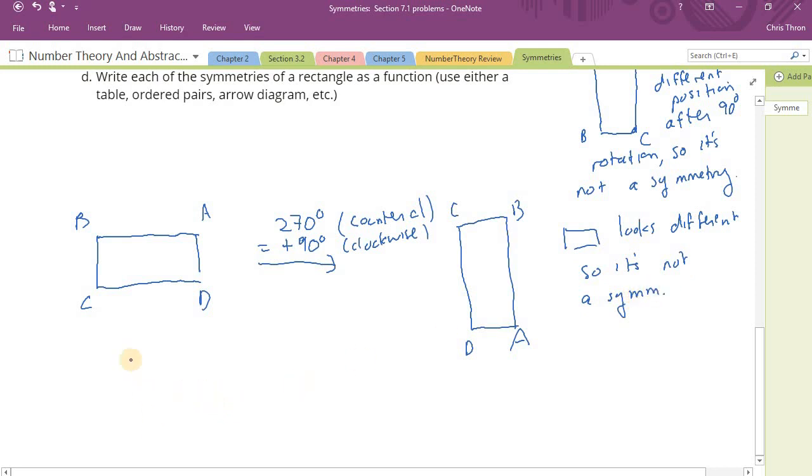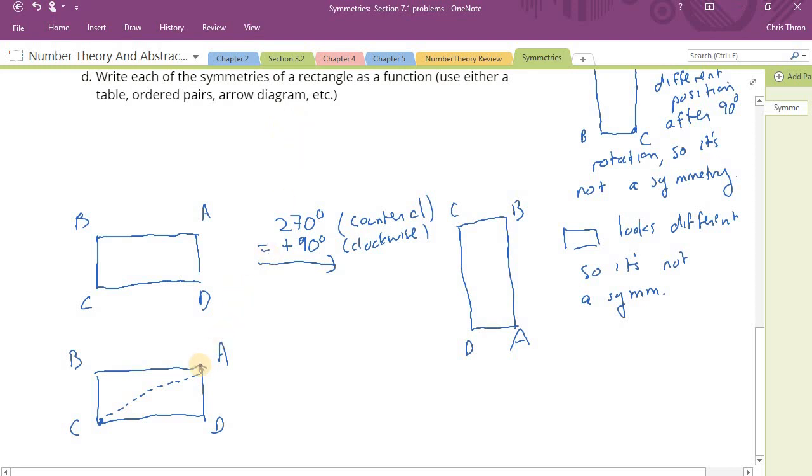Okay, and then also if I do the flip around the corner, so if I do the flip around the diagonal, so here's A, B, C, D, and if I flip around this diagonal, well, you can make a model and figure out what happens. The A and the C are not going to move. So if you do this flip, you're going to find that, let's see, what's going to happen.